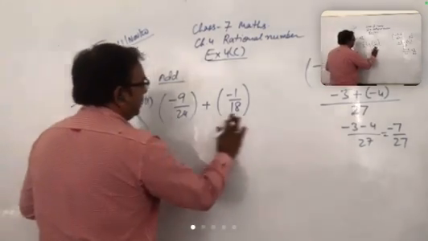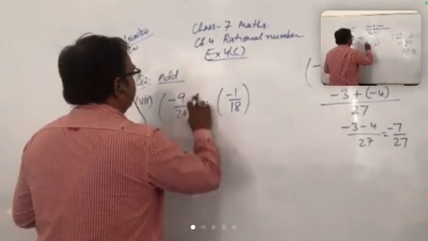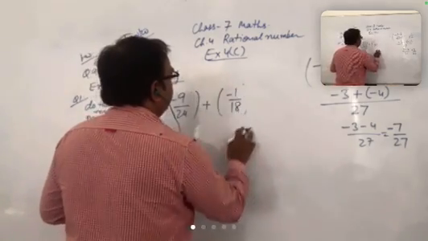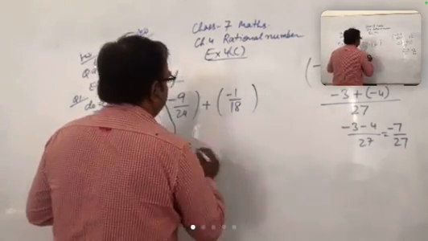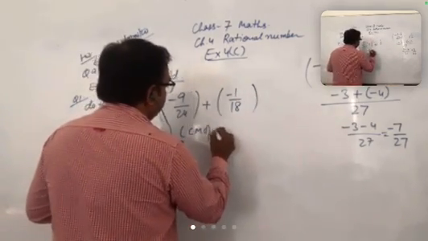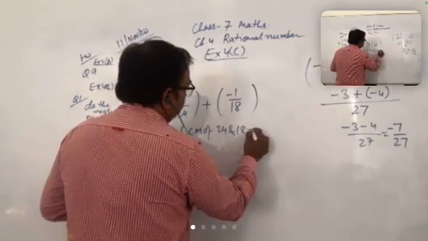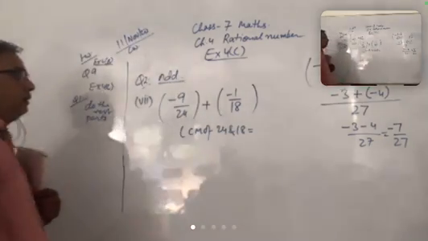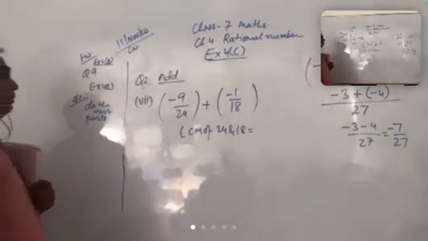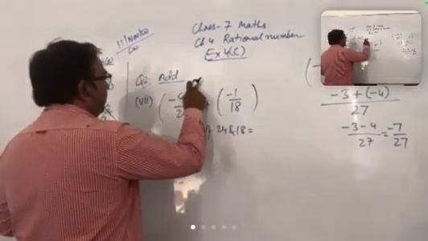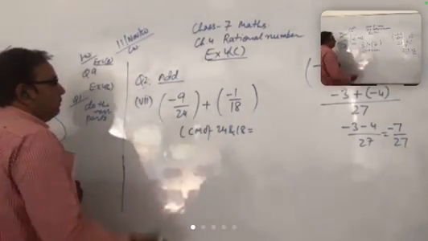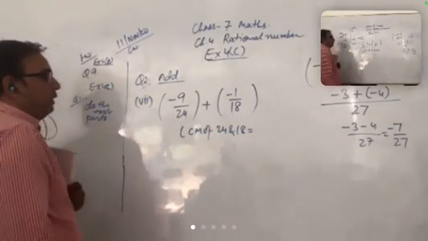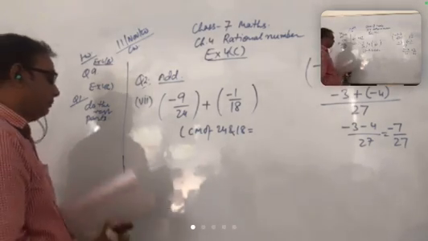Now, first we check the LCM. LCM of 24 and 18. So, now Anna, tell me what is the LCM of 24 and 18.